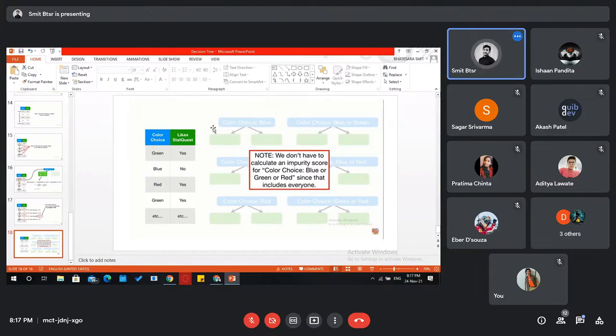In this example, let's consider that if you write green, then there can be some indication of your likeness or dislikeness towards anything. So if you have color choices like these discrete values, then there is no need to find impurity. In this type of case, you can create multiple different trees.